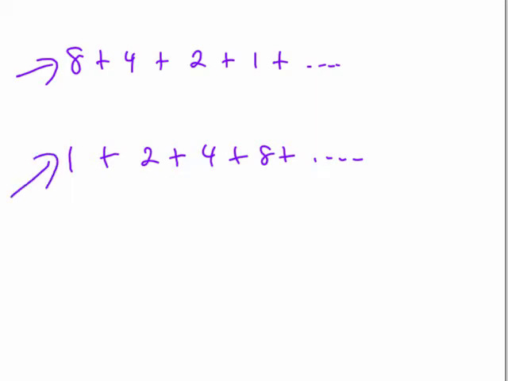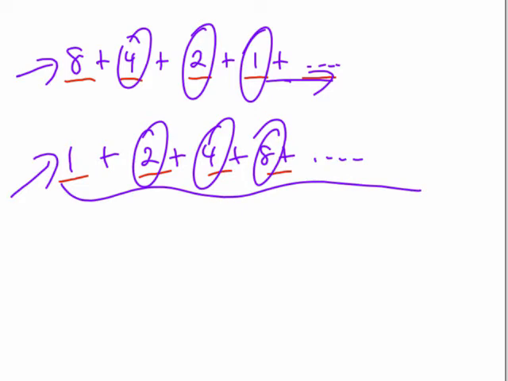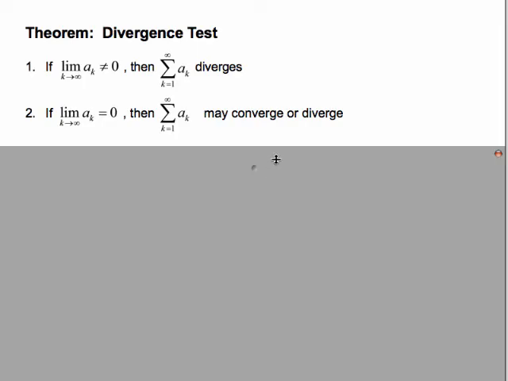And the main difference you'll notice is that in the first, the terms are going towards zero, and in the second, they're not. And for a series to converge, one of the basic things that has to happen, I think it makes sense, is that the terms, as the number of terms increases, have to be approaching zero. If they don't, if you keep adding on a larger and larger amount, there's no way that your infinite series is going to converge.